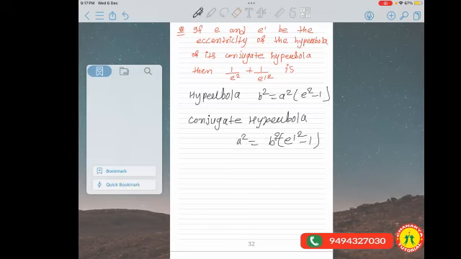So we need to find 1 by e square plus 1 by e dash square. So try to do that and say the answer.